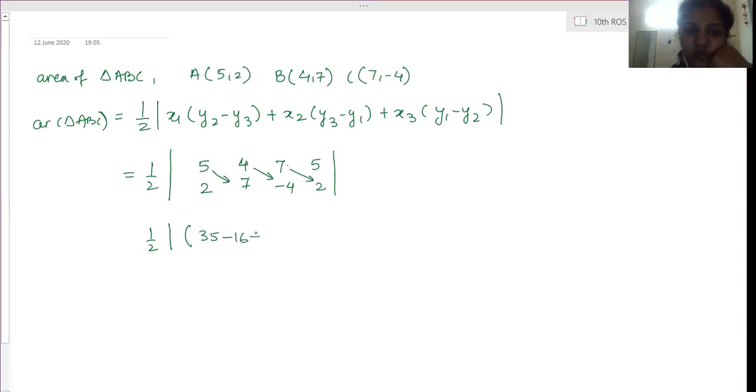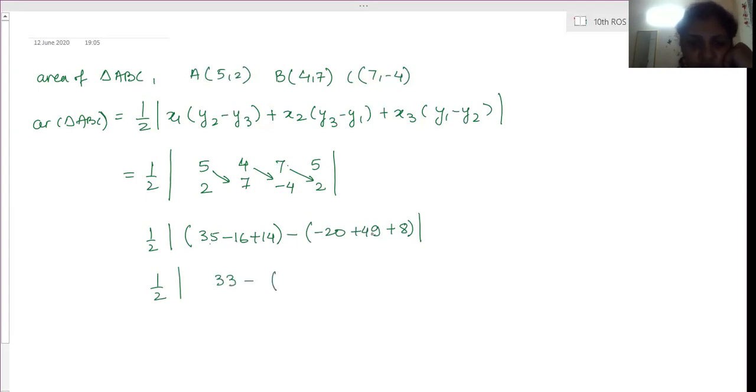7 into 2 is plus 14. Minus 5 into minus 4 is minus 20. Cross 7 into 7 is plus 49, plus 4 twos are 8. Then 1 by 2, 35, this is minus 16 plus 14 is minus 2. 35 minus 2 is 33.